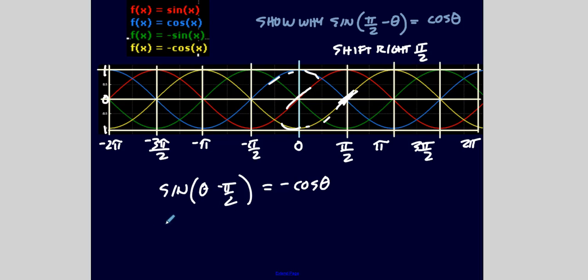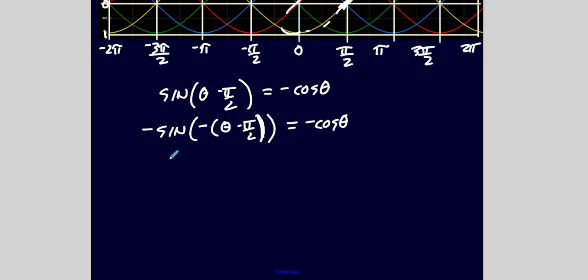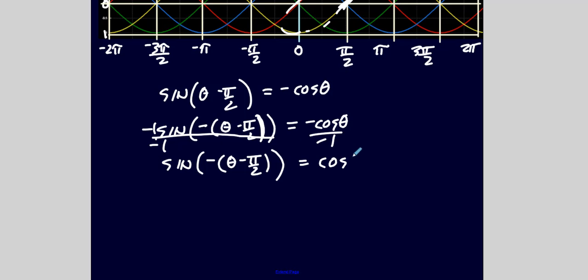But then we know that sine is odd, therefore negative sine of the negative of theta minus pi over 2 is equal to negative cosine theta. Then we can say, I divide everything by negative 1, so sine of the negative of theta minus pi over 2 has to equal cosine theta.